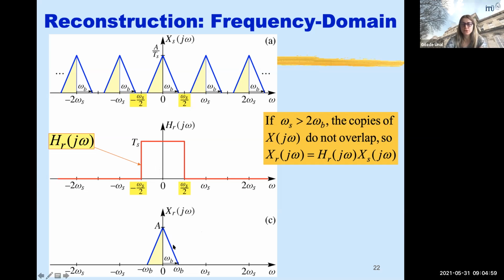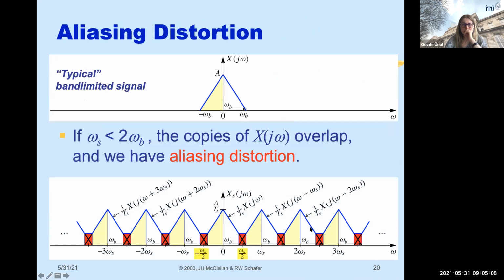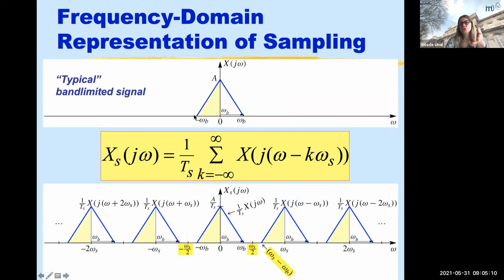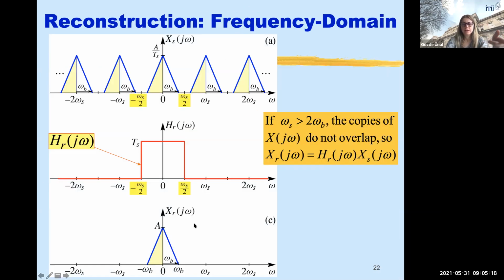So this X R of j omega, remember, look at the spectrum in the bottom. It's exactly the original spectrum, X of j omega. The signal we sampled was this guy, the continuous time signal. And now we captured it back. So we converted from continuous to discrete, now to this discrete to continuous.